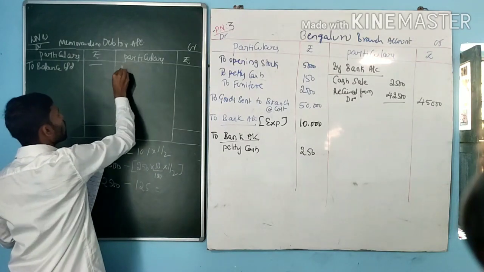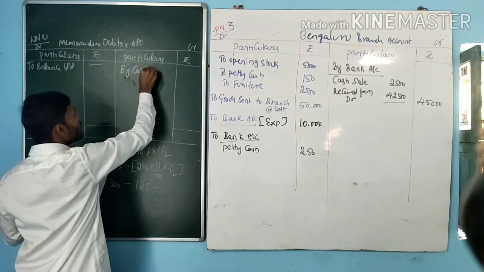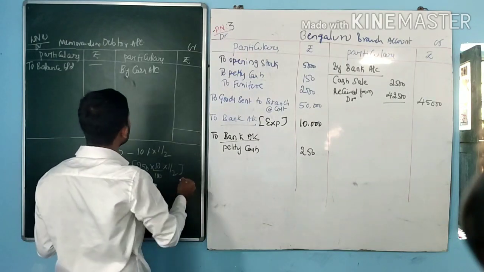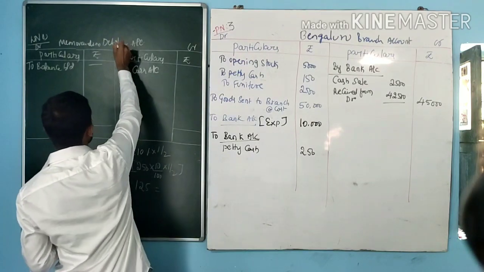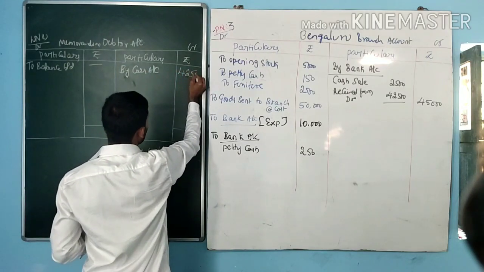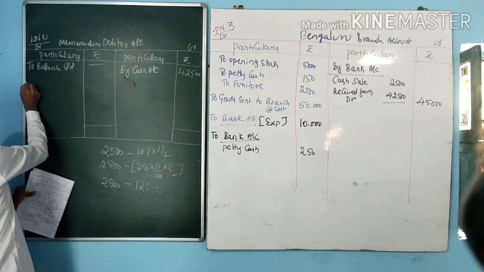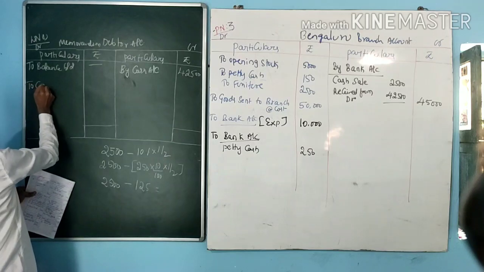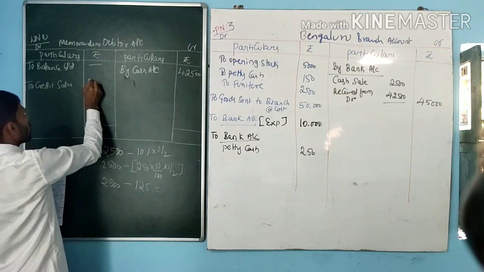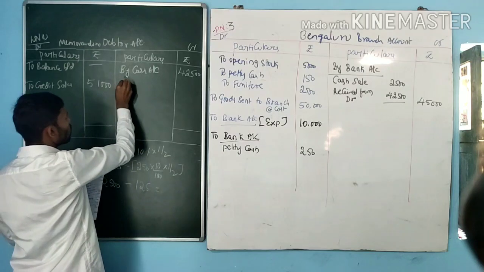They are collecting the amount from debtors by cash account. When cash is received, the debtors balance decreases. Decrease in debtors, that is credit. So in debtors account, by cash account, that is 42,500. Next, there is credit sales amount 51,000. Next, they are giving discount.